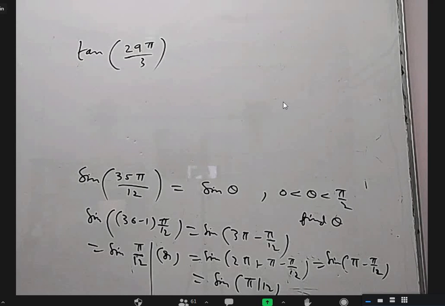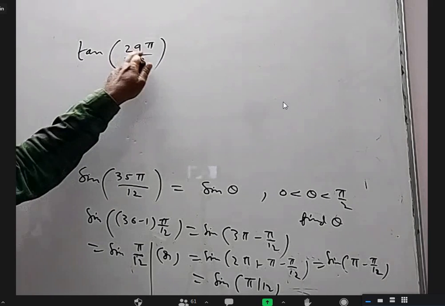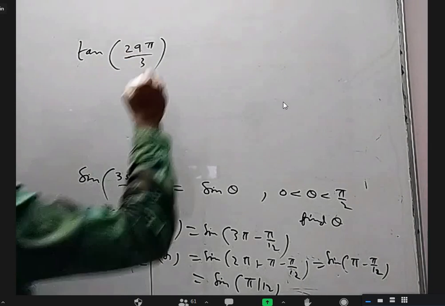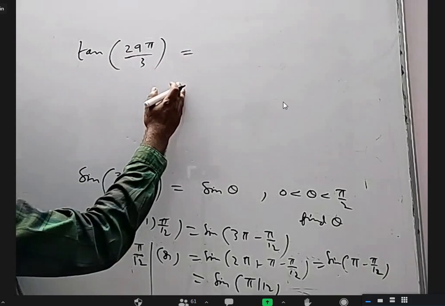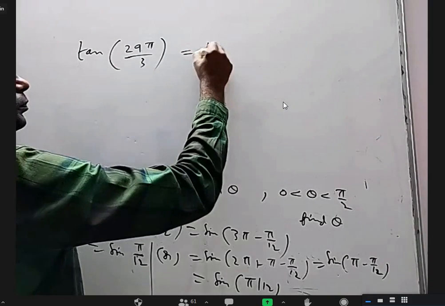Minus root 3, sir. Yeah, you can write this as 30 minus 1 if you want, or you can write 27 as 9 plus 2 by 3, anything is okay.